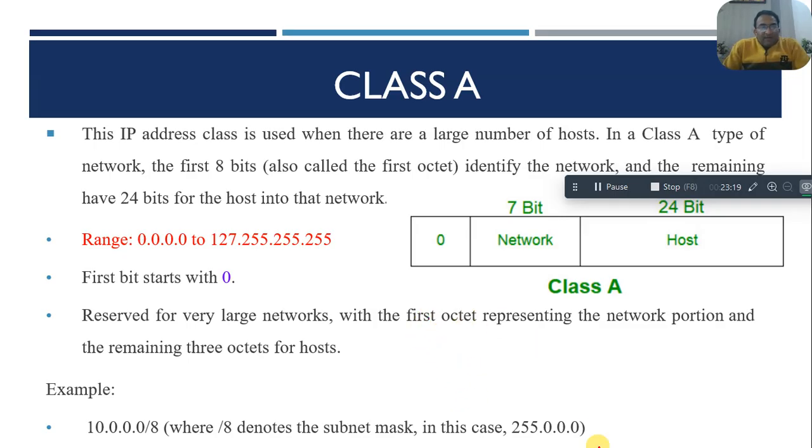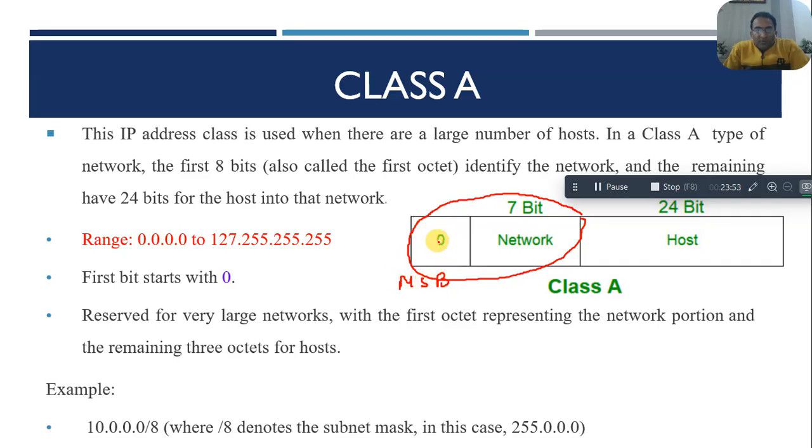Now let us come to class A. This IP address class is used when there are a large number of hosts. In a class A network, the first 8 bits, also called the first octet, identify the network, and the remaining 24 bits are for the hosts in that network. This first octet has a total of 8 bits, and out of these 8 bits, the most significant bit, MSB, is assigned the value 0.